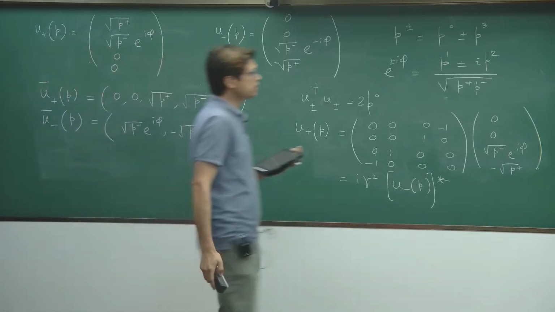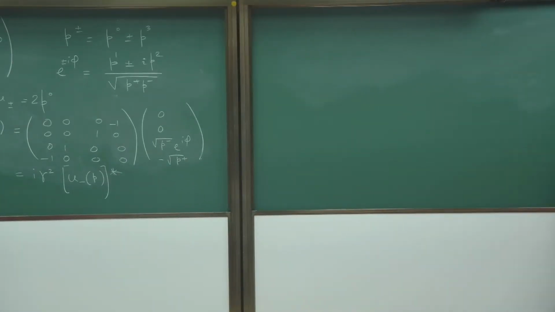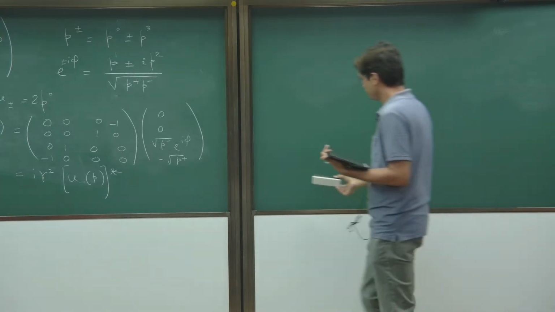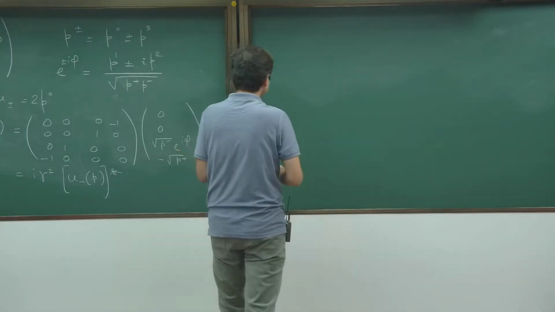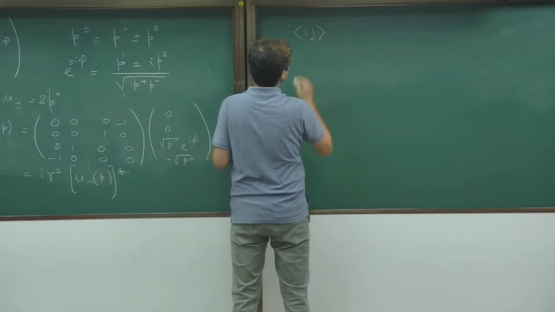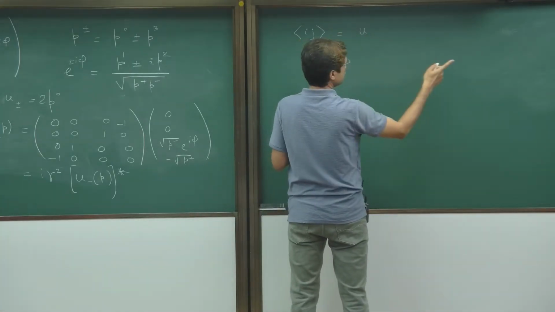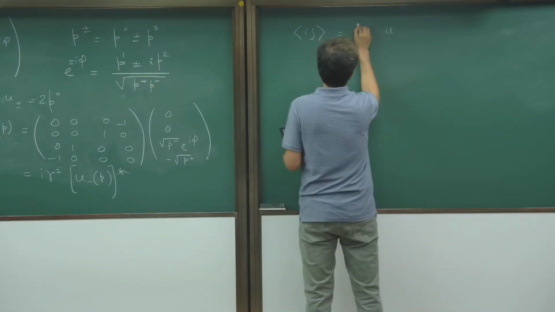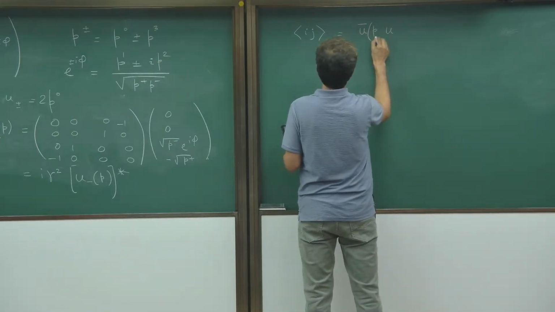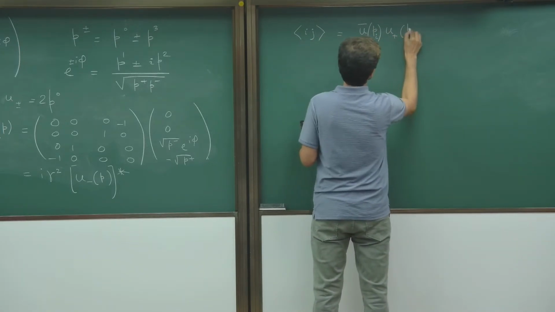Now from this expression it is easy to see that this, okay, maybe this is u bar pi, and that is angle, means minus u plus pj.